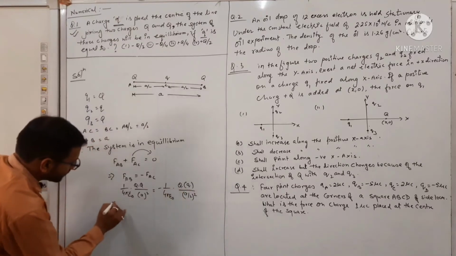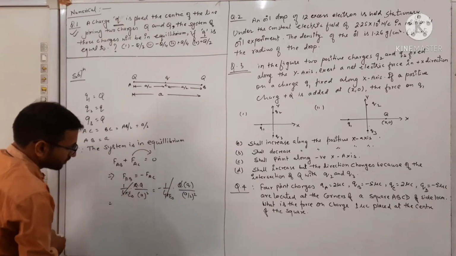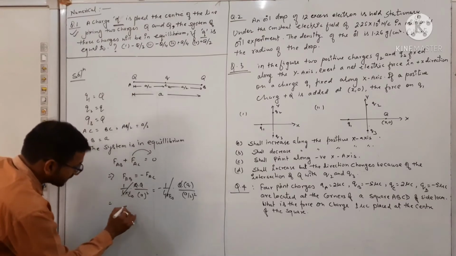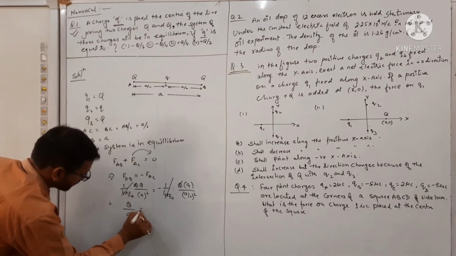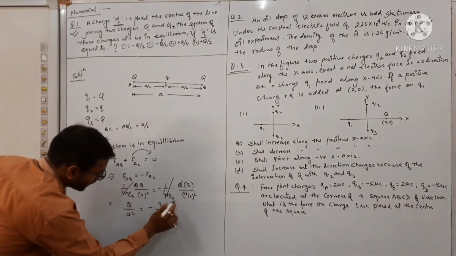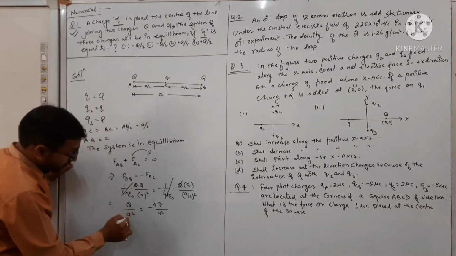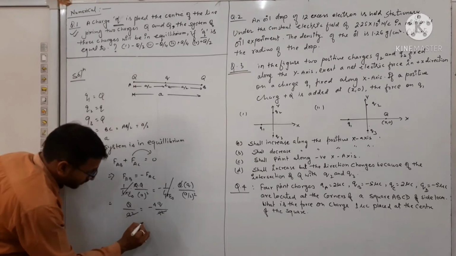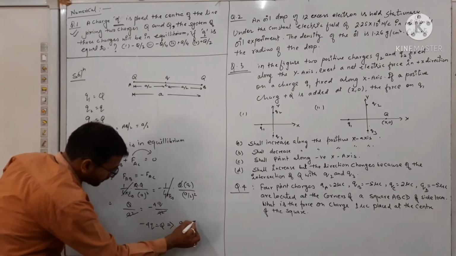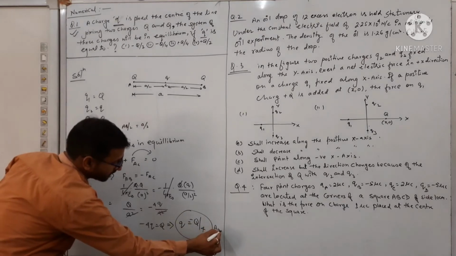So this value will cancel out, this large Q cancels out. Q upon a square from this side is equal to negative of small q upon a square by 4. The 4 will come out in the numerator, so a square cancels out. So minus 4q is equal to capital Q. It implies small q is equal to capital Q by 4 with negative sign.